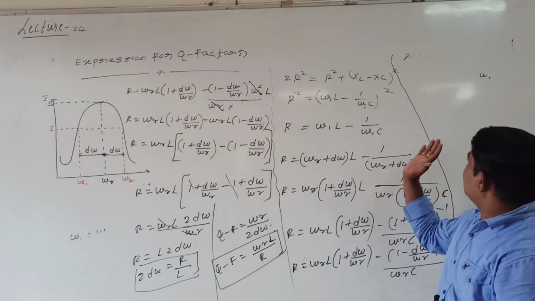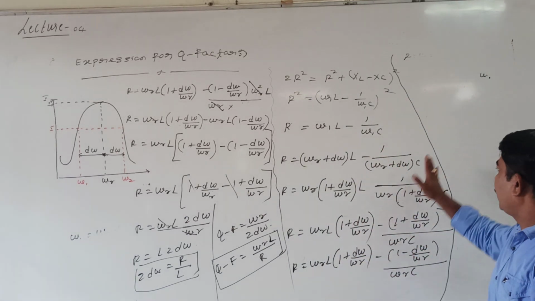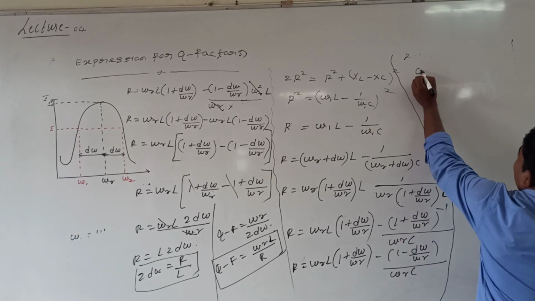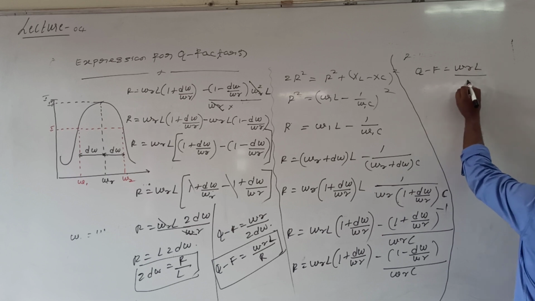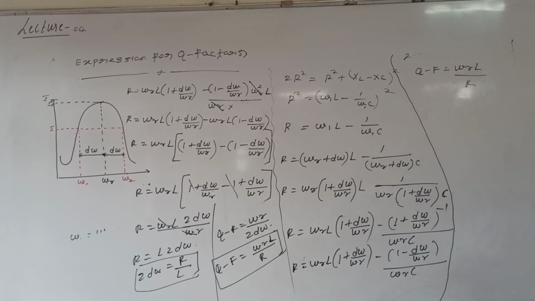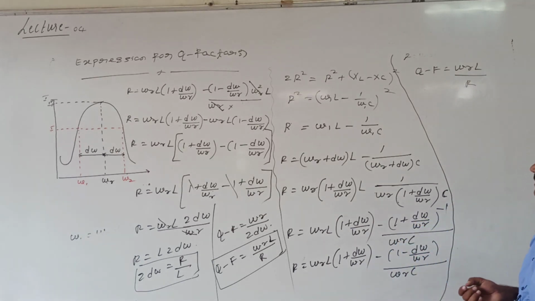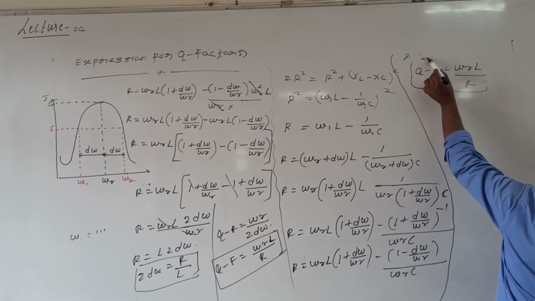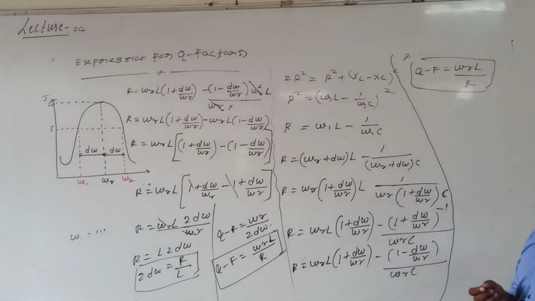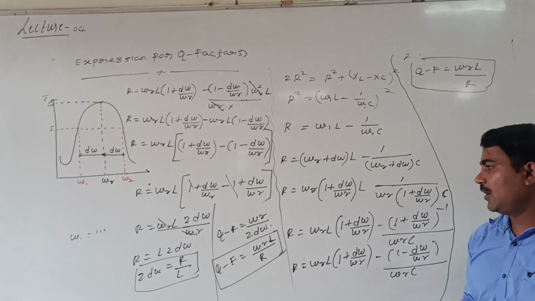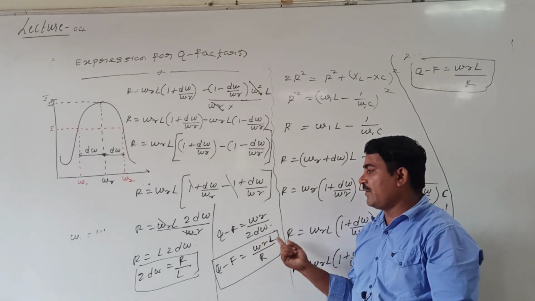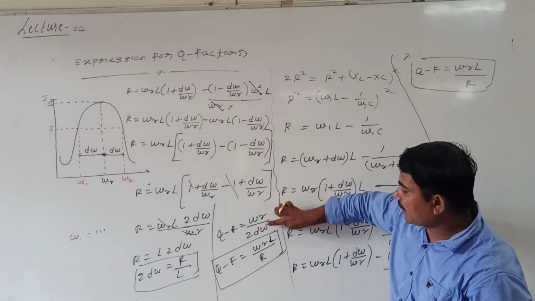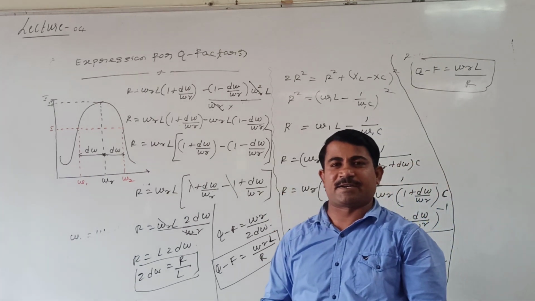Omega r into L, you can call inductive reactance. So the Q factor is simply the ratio of inductive reactance to resistance, that is XL divided by R, or the ratio of resonant frequency to bandwidth.